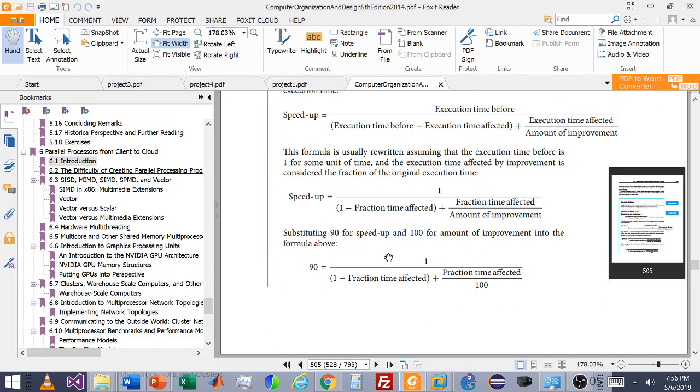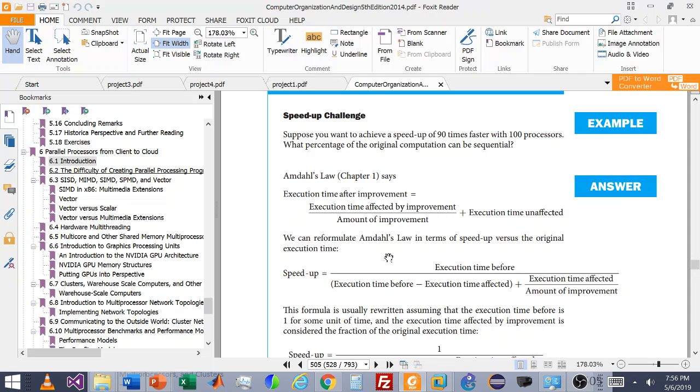If we want an improvement of 90 times, that's a very significant factor of improvement. But we say it's so important that we're going to parse out this original algorithm to 100 processors. Remember Amdahl's law: the speedup can only be as fast as your longest sequential part.